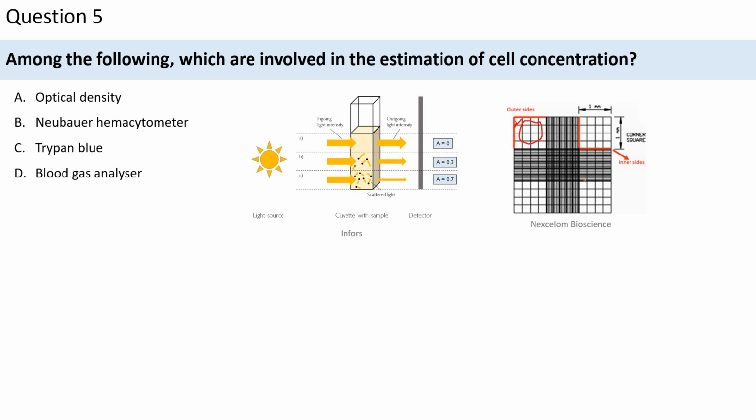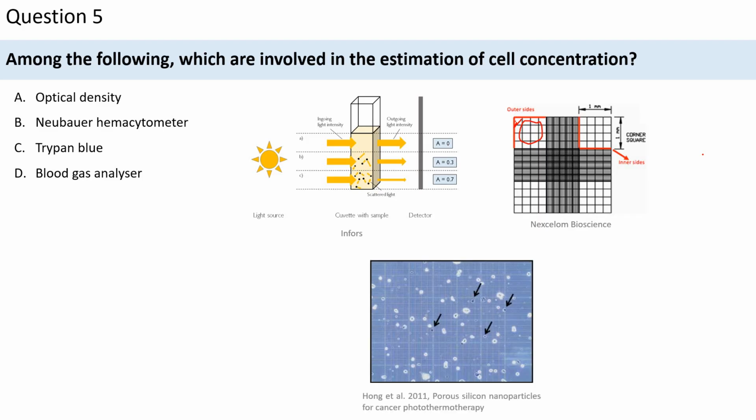It's just an estimate that more or less that number of cells will be present in 1 ml. So it's just cell counting, as I already told with respect to optical density also.